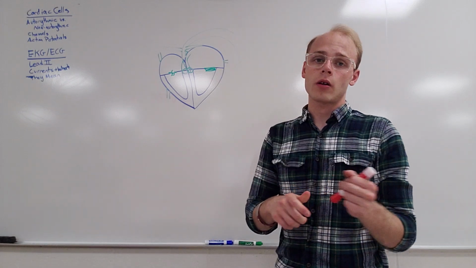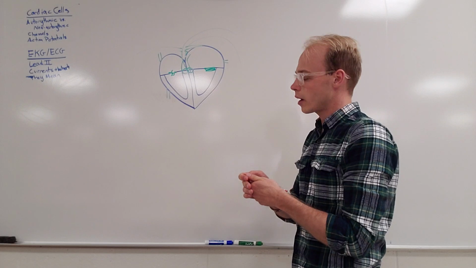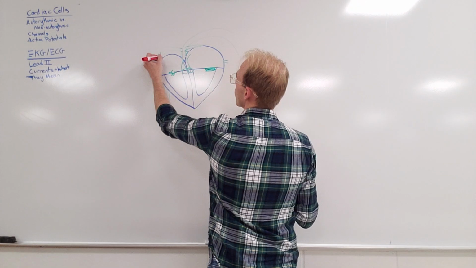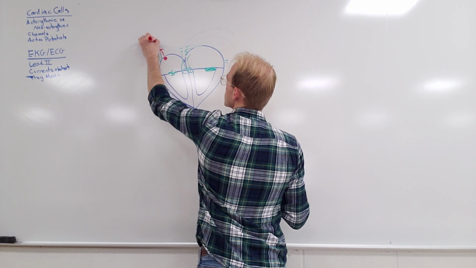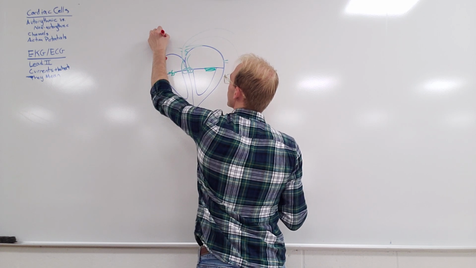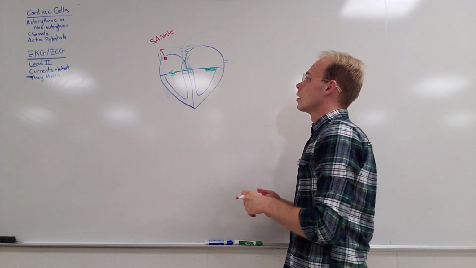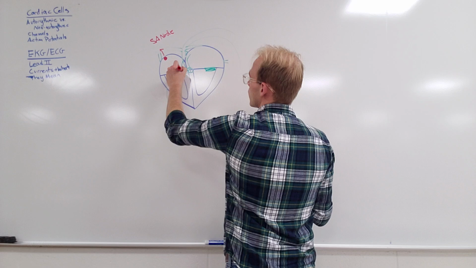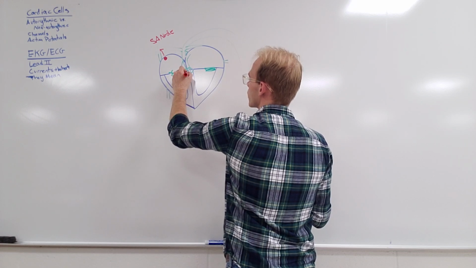When we talk about autorhythmic cells, there are 4 places in the heart where we find autorhythmic cells. So around here, this is what's called the SA node, or sinoatrial node. Around here, so somewhere in here, if I remember correctly, it's right around here.